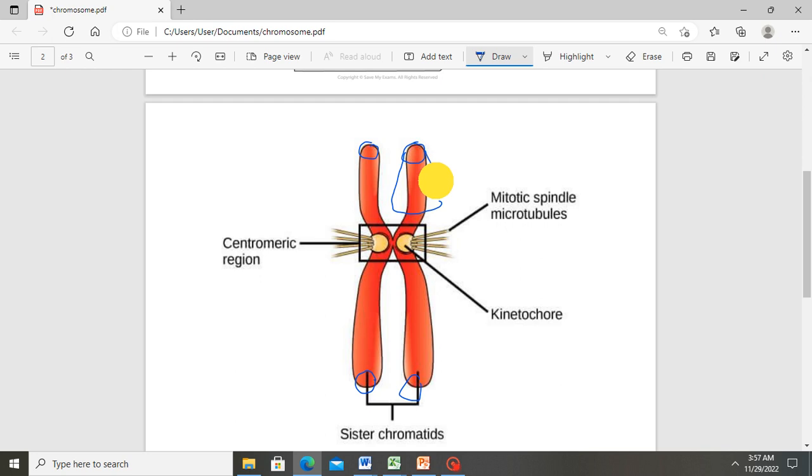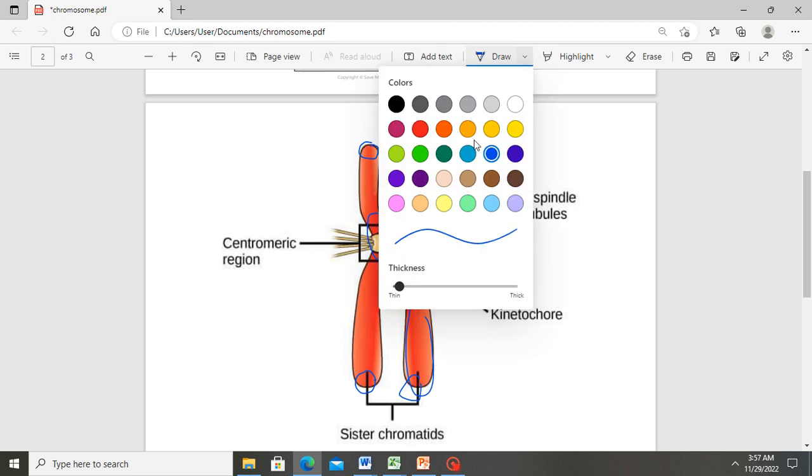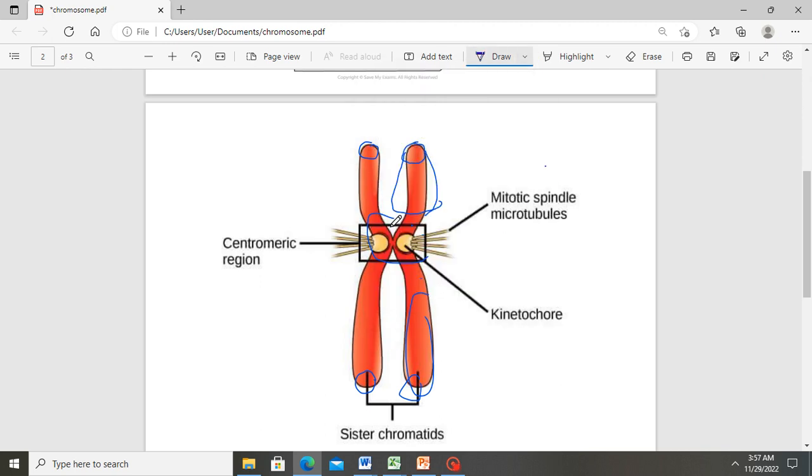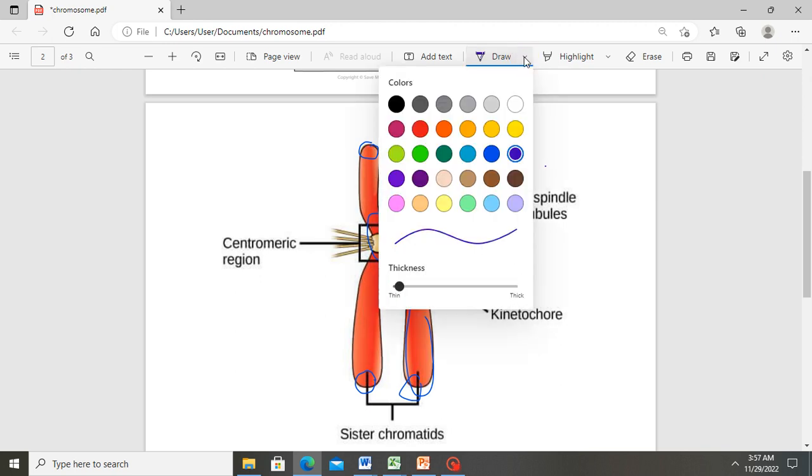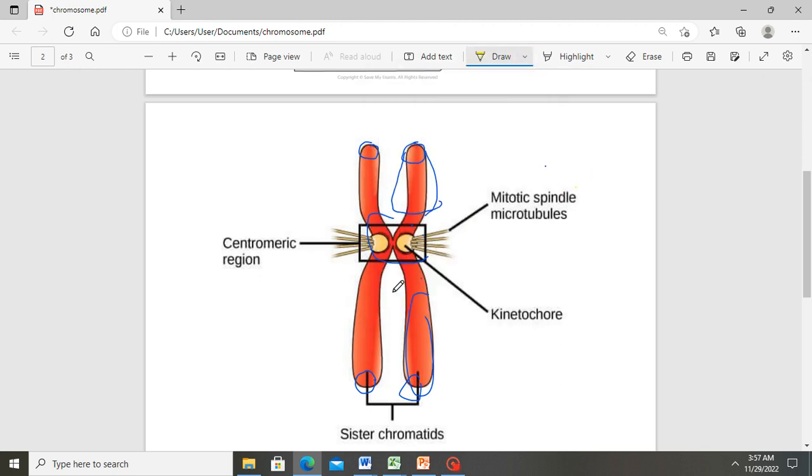This part, the shorter part from the edge to the point of constriction, is called the lower or the shorter arm. The longer one is called the longer arm. Now this point of constriction, the whole of this point of constriction is called the centromere.